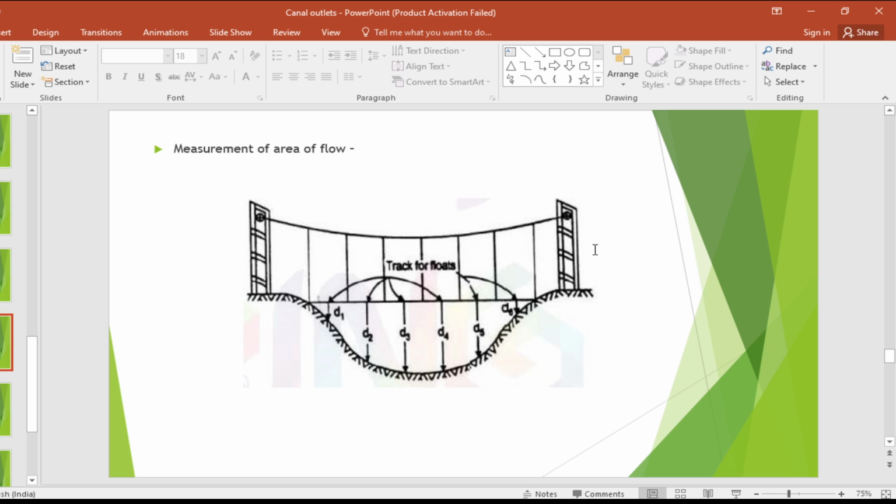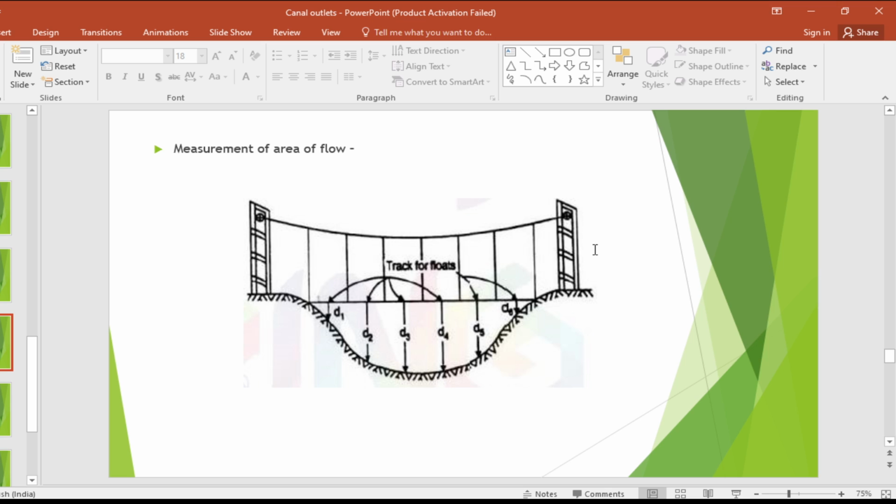In this diagram, you can see that the cross sectional area is divided into a number of small vertical strips. Okay. Now, for measuring the width of strips, a steel cable is suspended from two towers.